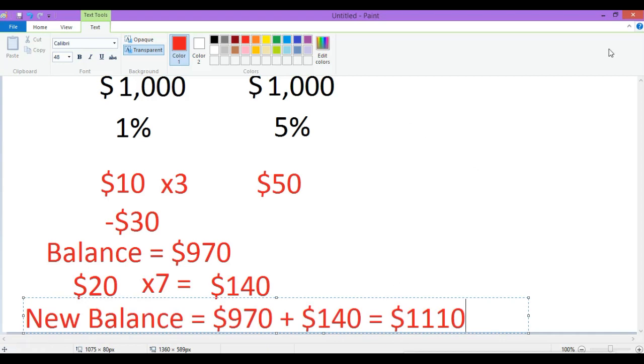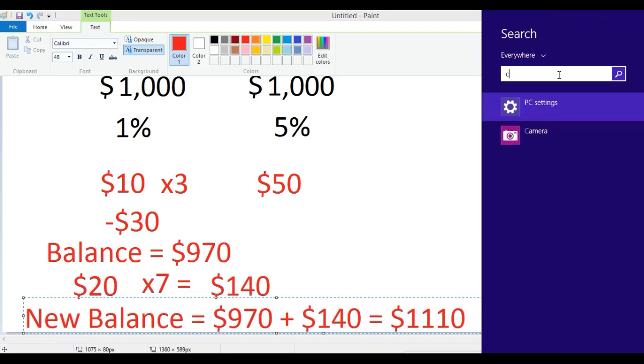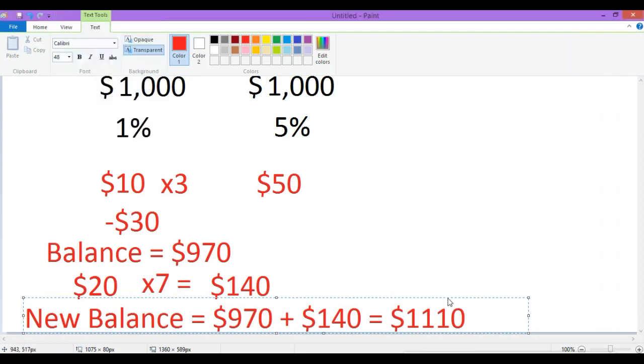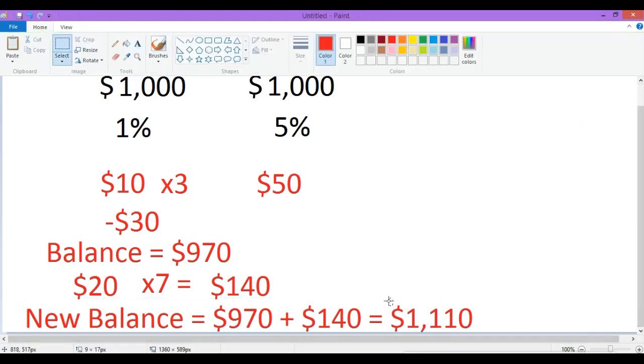Hope this is correct. So we have 970 plus 140. Okay, that's correct. So now we have $1,110 back as the balance at the end of the week, and you can clearly see that we ended up making a profit of $110. It's very clear from this explanation. You can see right here we made a profit of $110 that week.